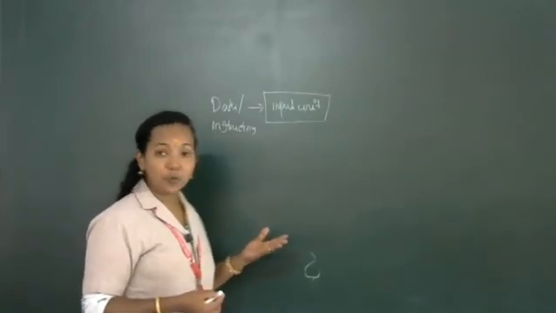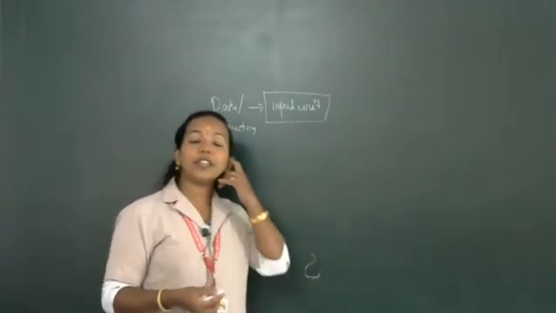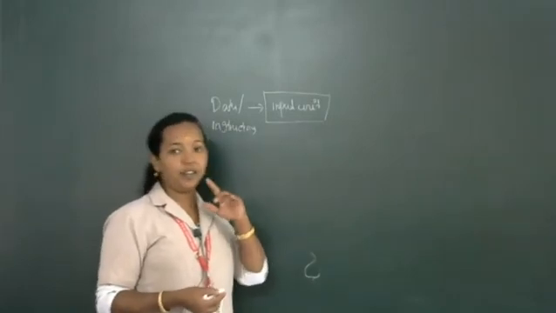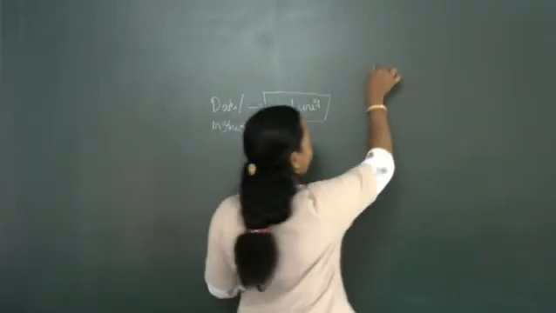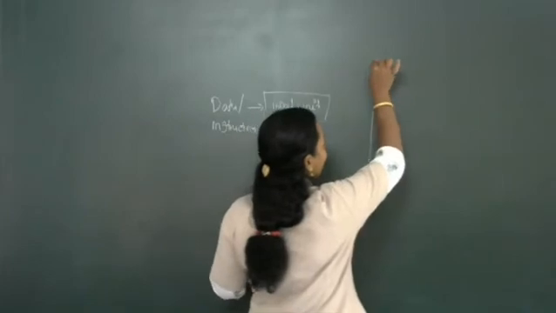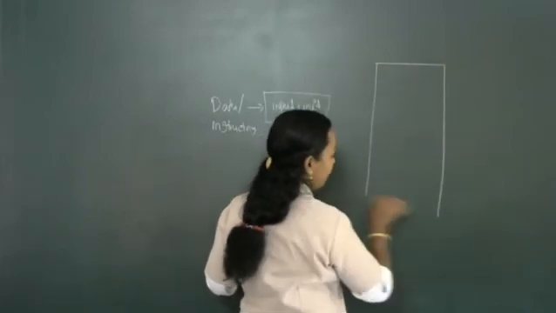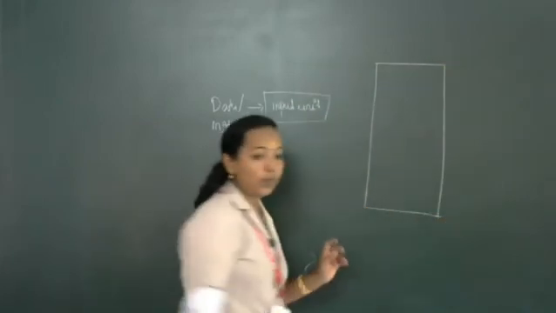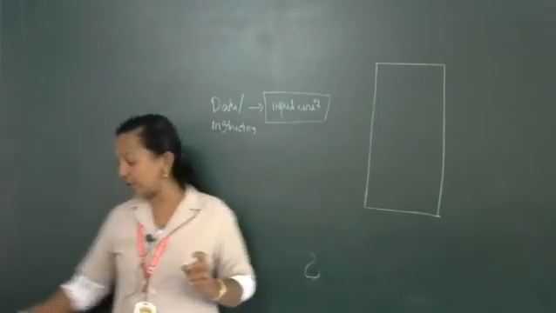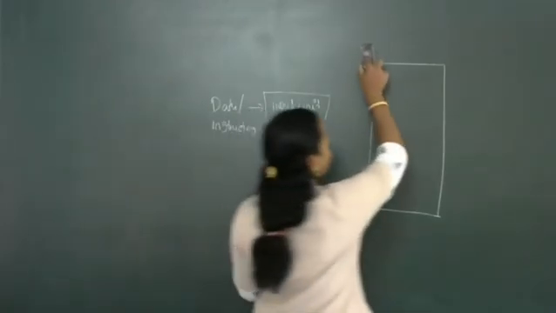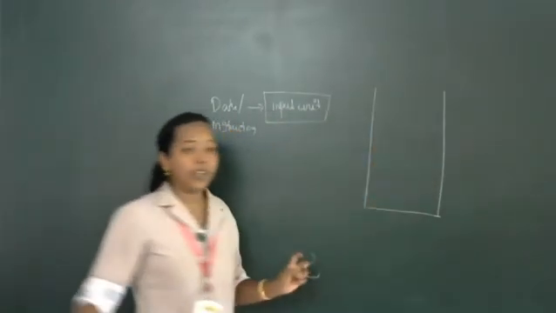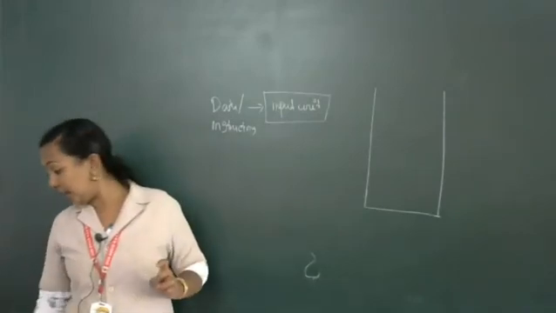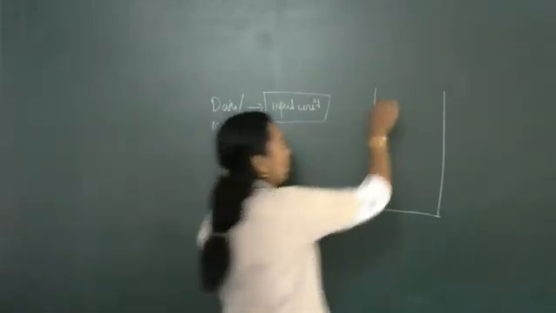Input unit means it may be mouse, keyboard. These are all standard input devices. Then next, where are this data and instructions transferred to? They are transferred to the central processing unit, which is known as CPU.